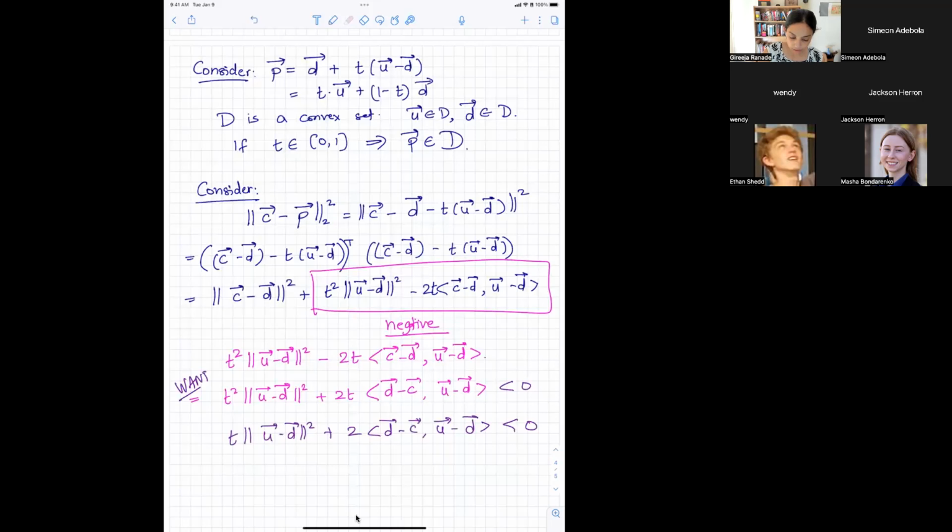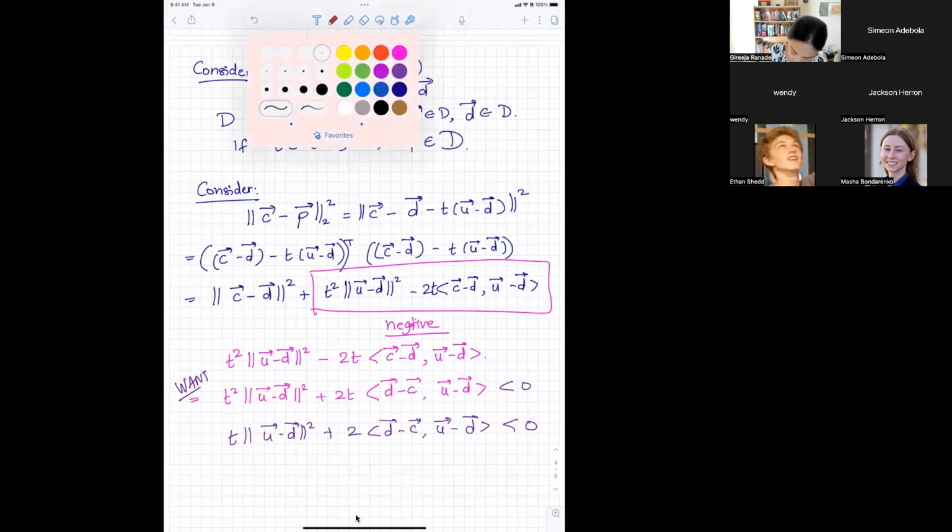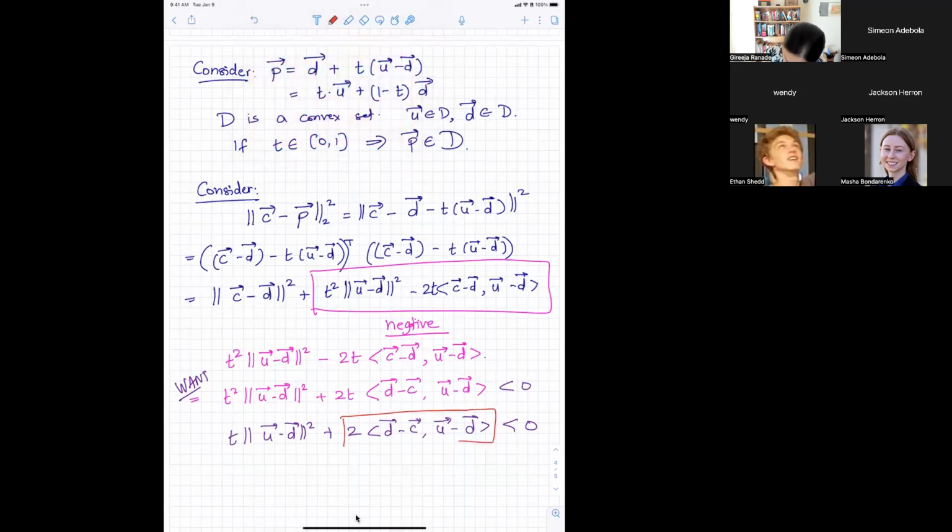So now this quantity here is strictly less than 0.